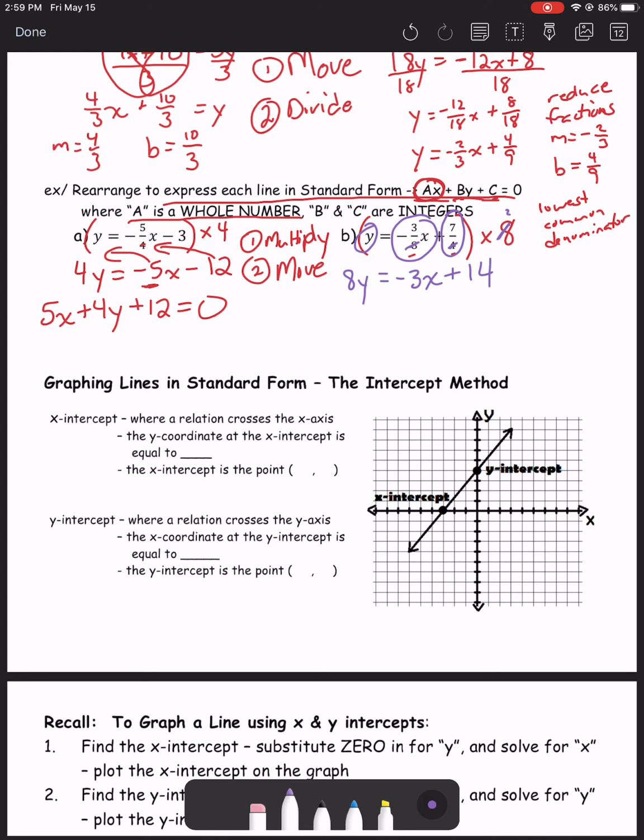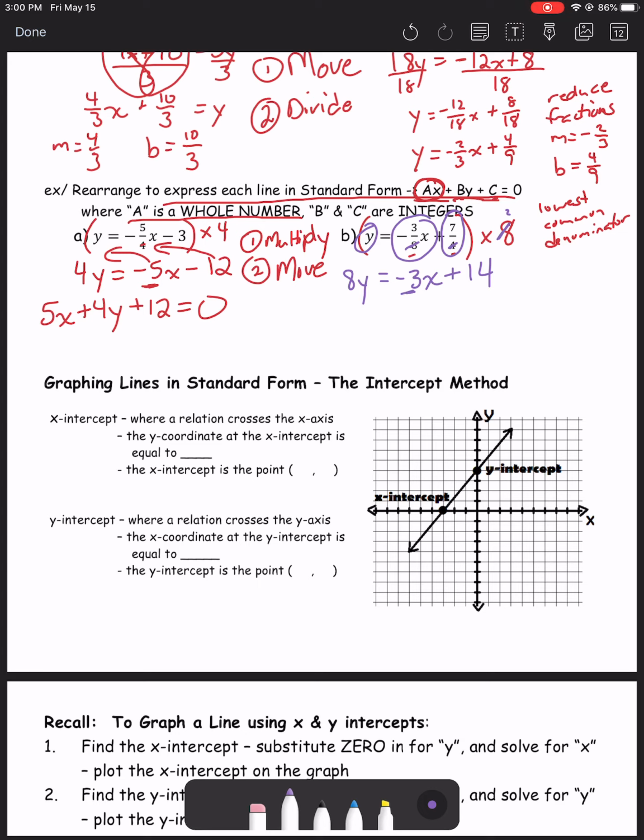Okay, now which side am I going to move everything to? Am I going to move it to the left side, or am I going to move it to the right side? Think about that for a second. Okay, so it's all going to go to the left side again because right now the coefficient on the x is negative.